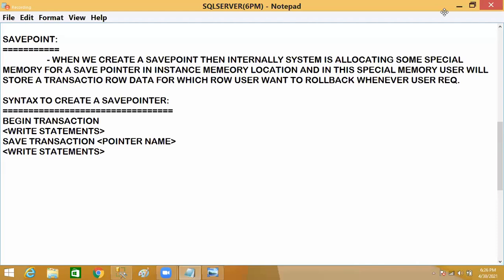So this is the creation. Later, how to roll back your savepoint, since here we have a rollback also.